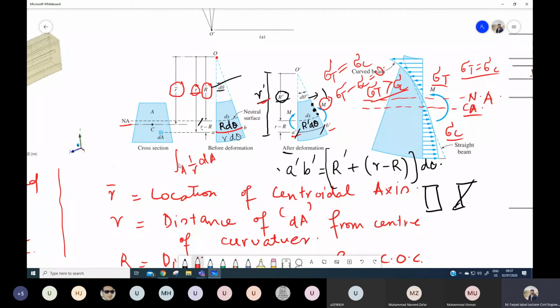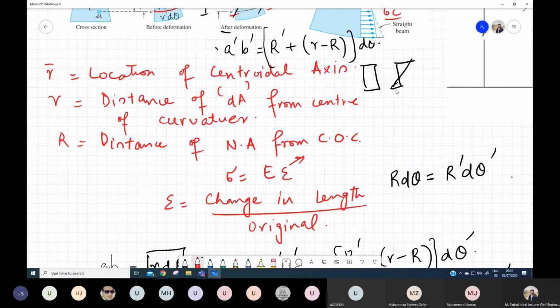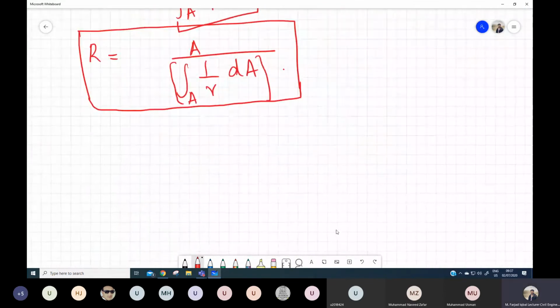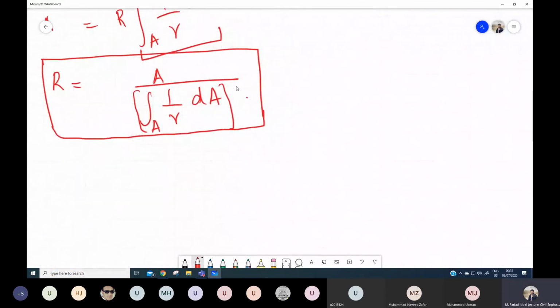So to figure out this factor, for example, if we have a rectangular shape, let's just do it for one shape to understand how it works. Now this is the general equation. Now if I want to apply this to a rectangle, for example, if I have a rectangular cross section and I want to figure out what this integral should be.